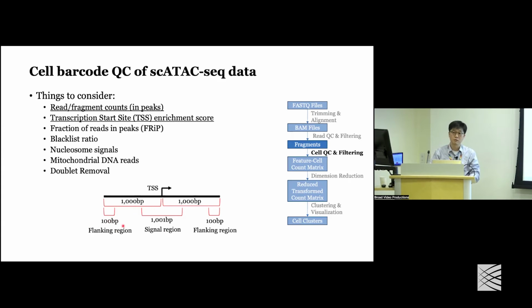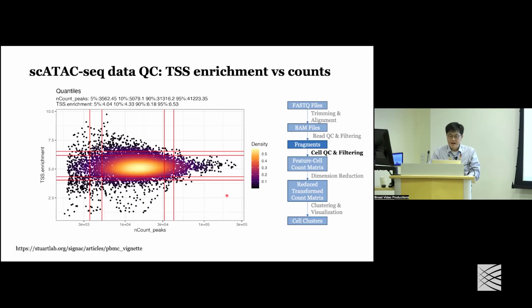So it is the number of fragments falling in the signal region divided by the sum of the number of fragments falling in these 2 flanking regions. That's your TSS enrichment score calculated by Seurat. I checked the code, so this is correct. All right. The popular visualization strategy for these 2 metrics is to look at them in a scatter plot, as shown here.